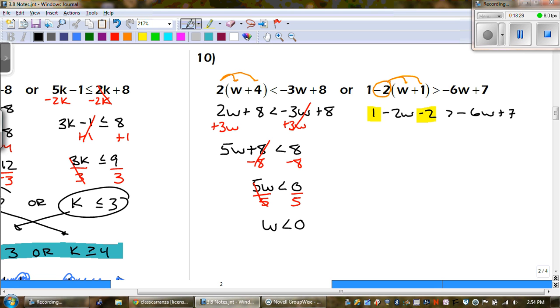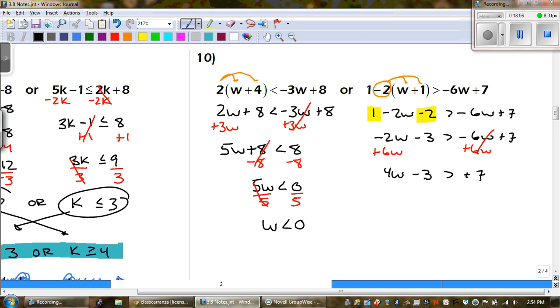We have to combine our like terms on the left side. So you get negative 2w minus 3 is greater than negative 6w plus 7. I want all my w's on the same side, so I'm going to add 6w. And now we have 4w minus 3 is greater than positive 7.